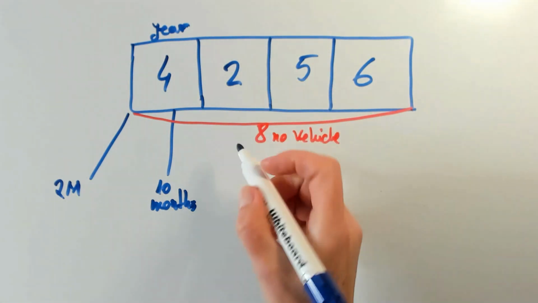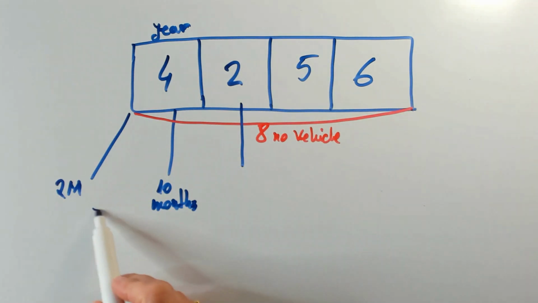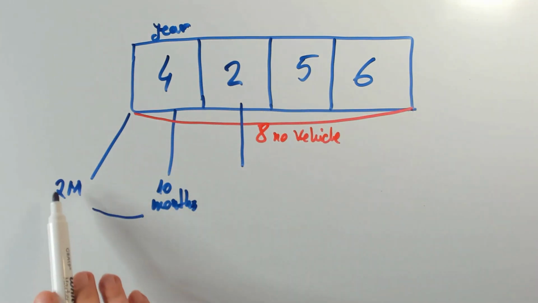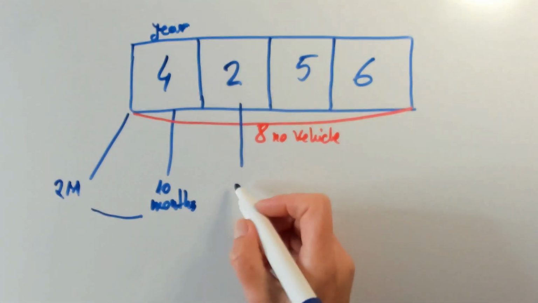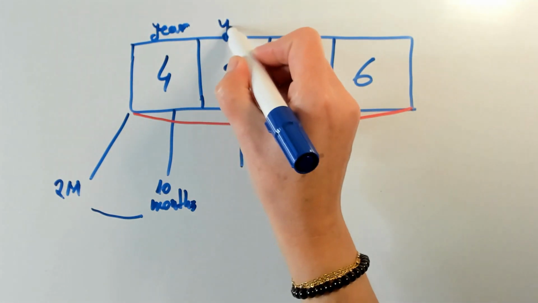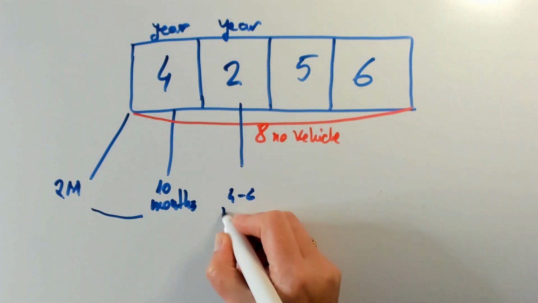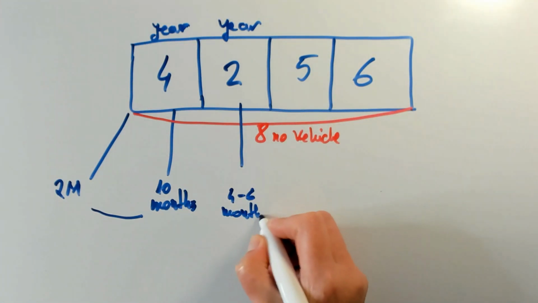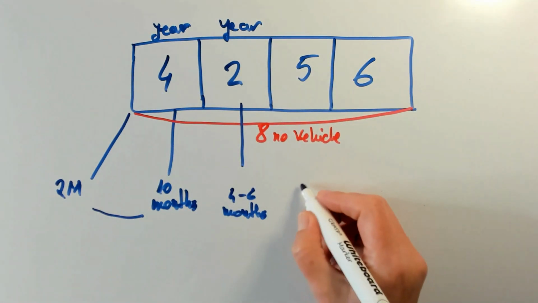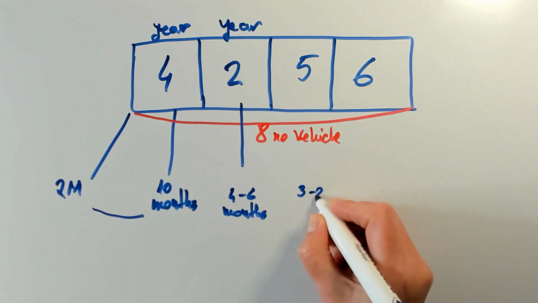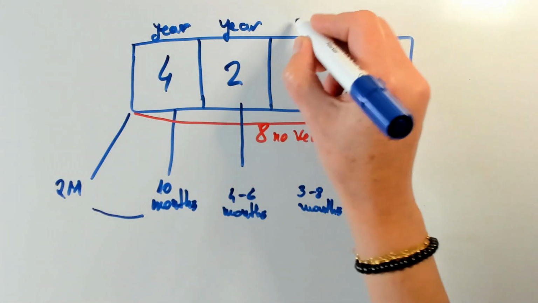So 2, it's showing to you that if you do not have any accident in between the 2 months to 10 months, in the second year, you're gonna have it by 4 to 6 months. In the third year, you're gonna have 3 to 8 months in between this time.